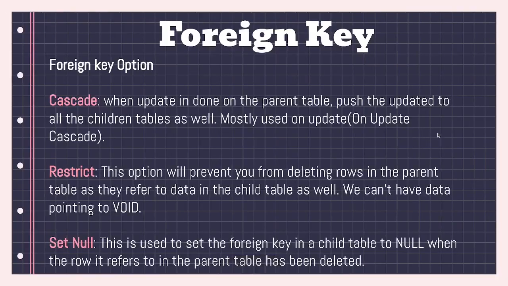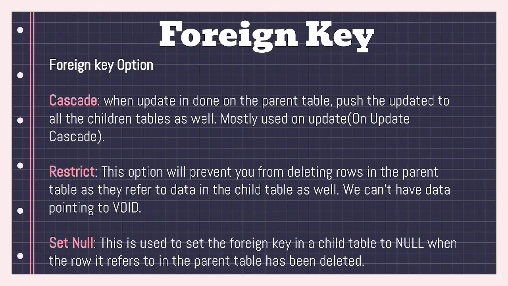We also have restrict. This option will prevent you from deleting rows in the parent table. If I have two tables that are connected, and you want to prevent the deletion of data within the parent table, it's because if you delete data in the parent table and a child table is referring to this data, the child table will be referring to a value that doesn't exist.